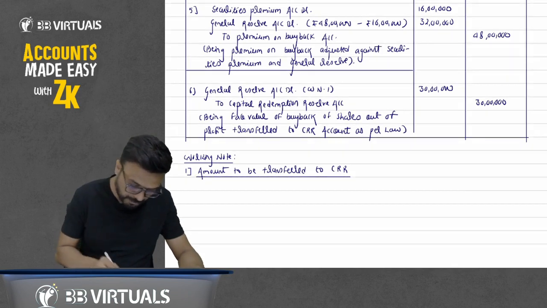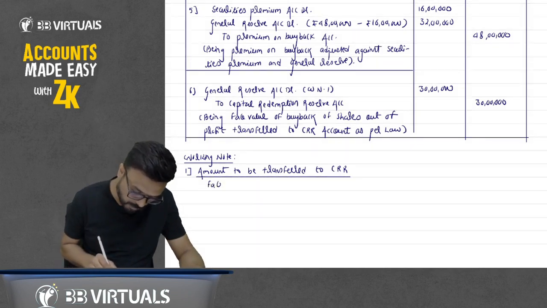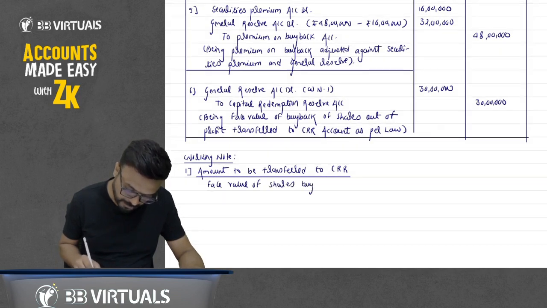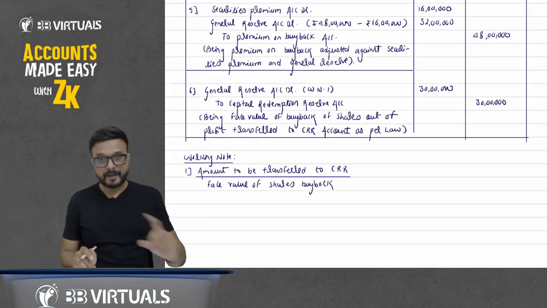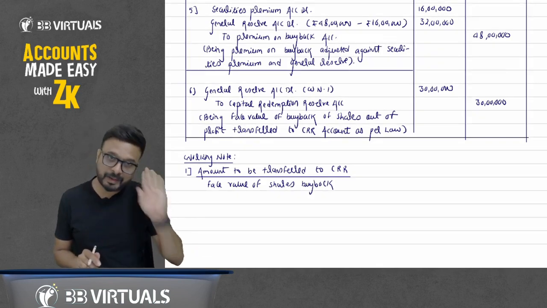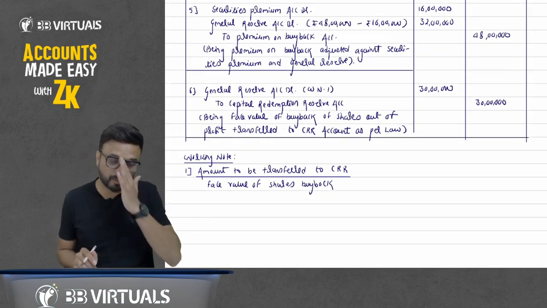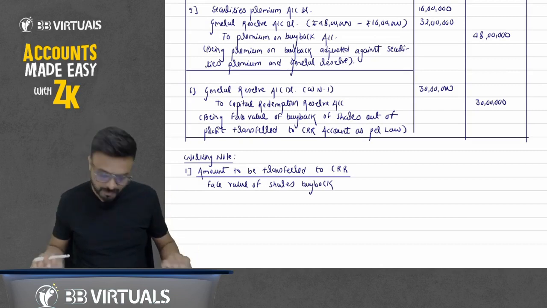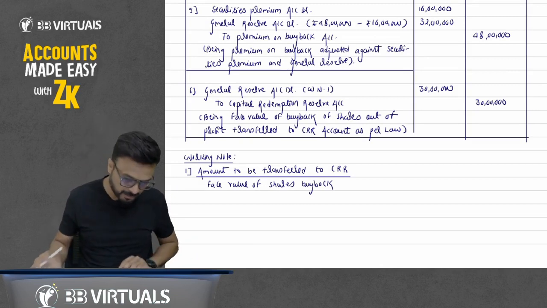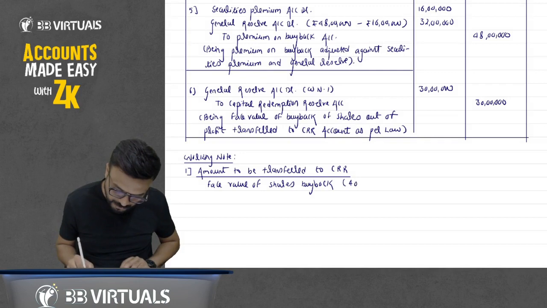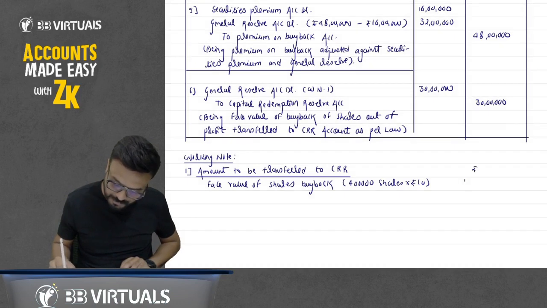Okay. Write down here, face value of shares buyback. Remember one thing, capital is always increased and decreased by face value only. Okay, because we record capital at face value only. That's why here the face value of shares buyback is 4 lakh shares multiplied by rupees 10, 40 lakhs.